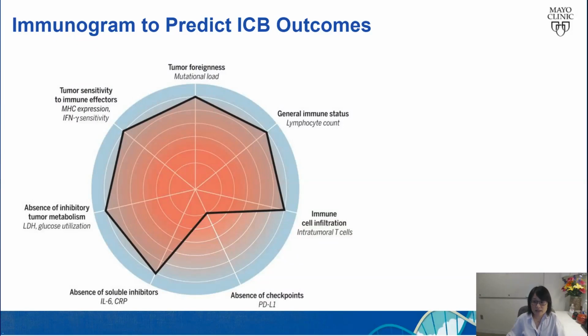Second, the general immune status of the patient assessed from lymphocyte counts. Third, the tumor infiltration of tumor activating T cells. And fourth, the expression of PD-L1 and the rest. Among these, the tumor mutations are the source of neoantigens.